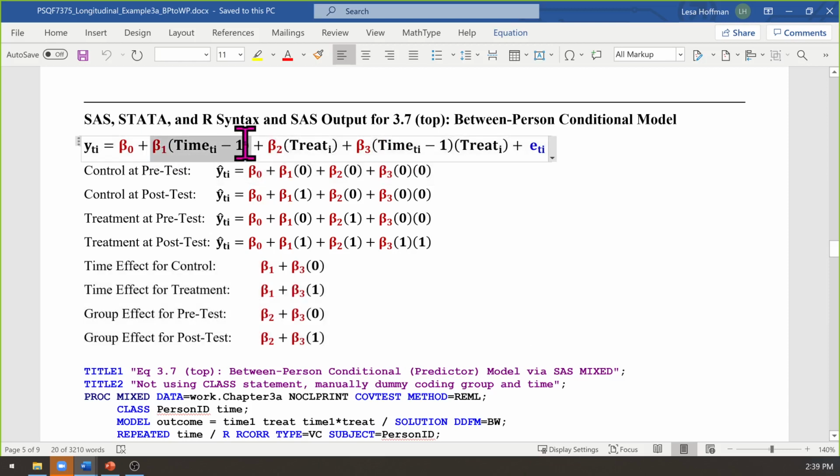This, what I called the main effect of time, is a conditional main effect. That is the difference between how posttest differs from pretest, specifically when the interacting variable of group is 0. So what that means is that beta 1 is the effect of time in the control group.